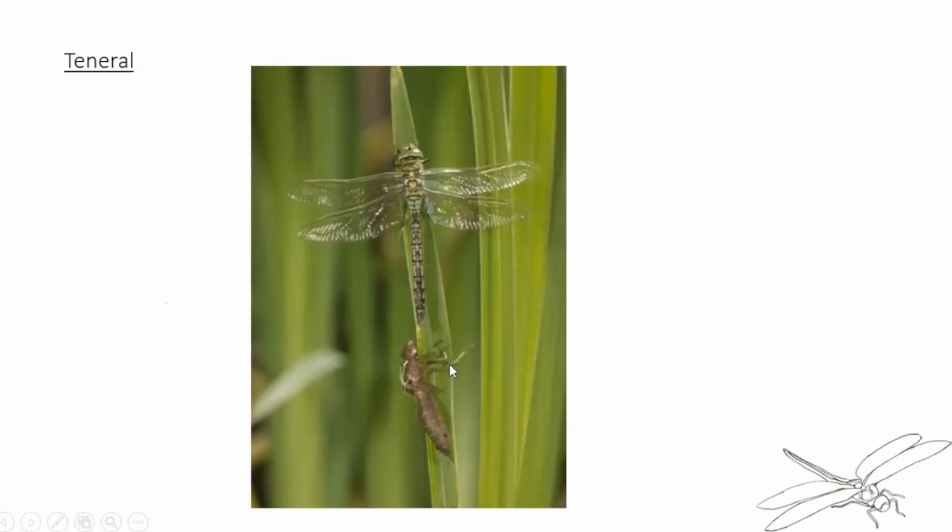From that point onwards, the outer case is dead. And it then splits down a line down the back of the thorax to the top of the abdomen and across between the two eyes in a Y shape. And the dragonfly then, I haven't got a photograph unfortunately, falls outwards and hangs down there. So its abdomen is still in here, but the thorax and head are hanging down with its legs sticking out and the wings folded against its body.